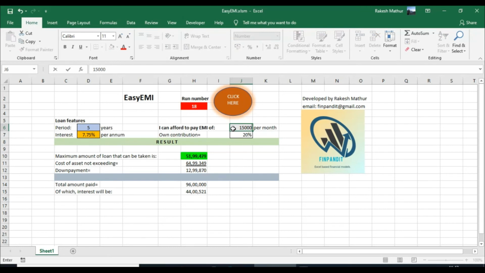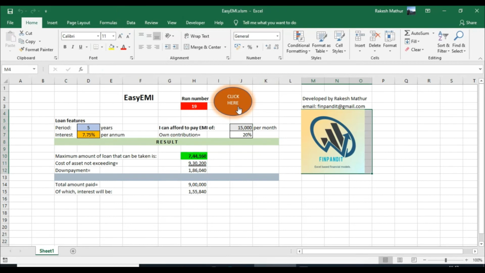So what is the value of the car that you can go for? The model tells you that the maximum loan that will be available to you at this EMI is 7.44 lakhs, and the cost of car should not exceed 9.3 lakhs.